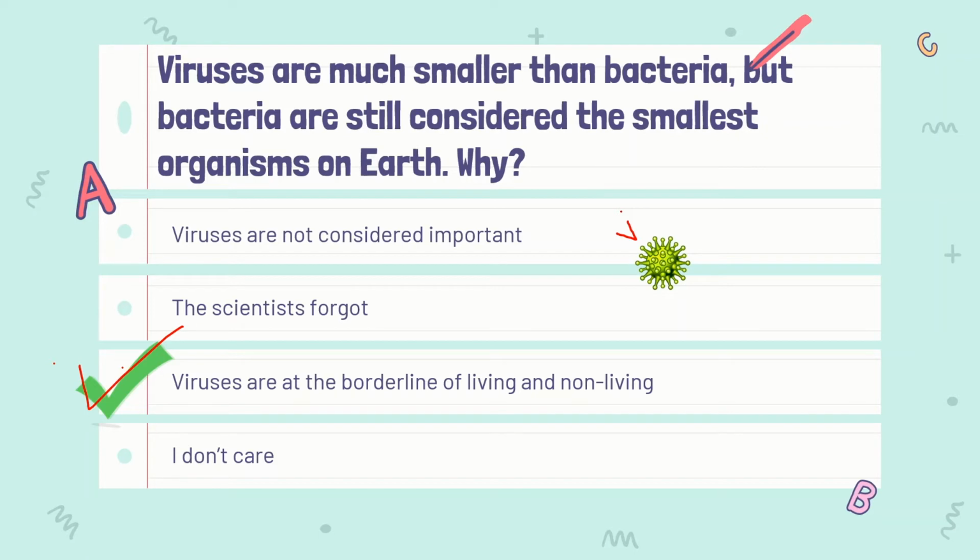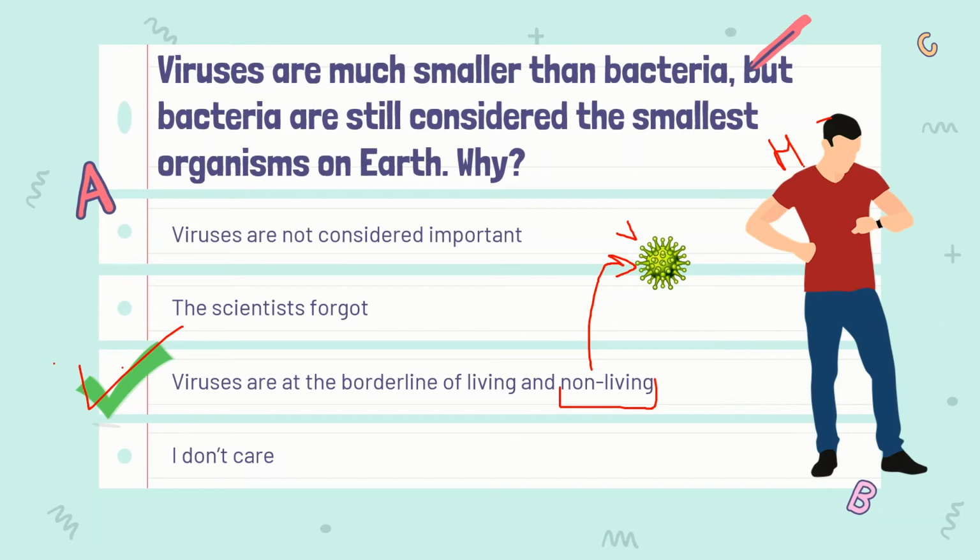Now it will show no sign of life, so we can call it non-living. Now here is a body. This is a human body. Let me write it host or human. Now when this virus enters the body of the host or human, it will start to reproduce.